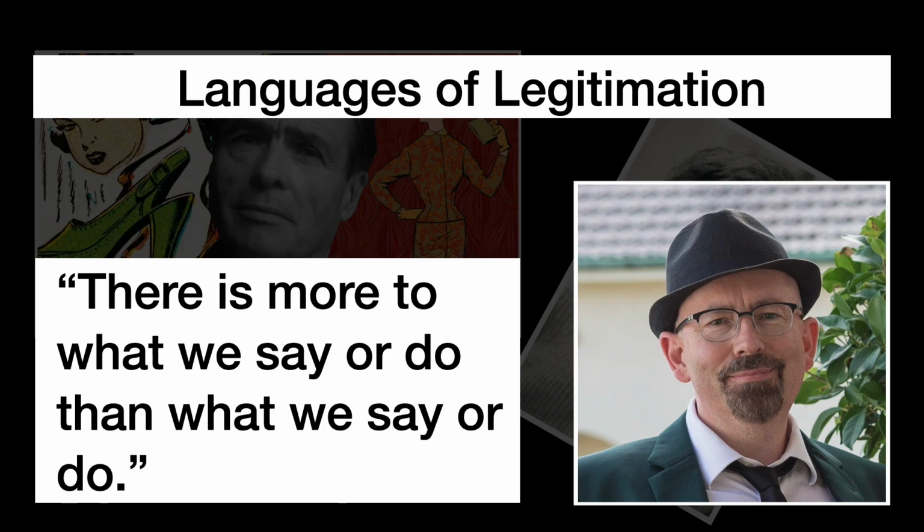Well, let's quickly have a look at this idea of codes. The phrase language code is a concept Bernstein used in his early work. He chose this deliberately to echo, we suspect, the concept of a genetic code.